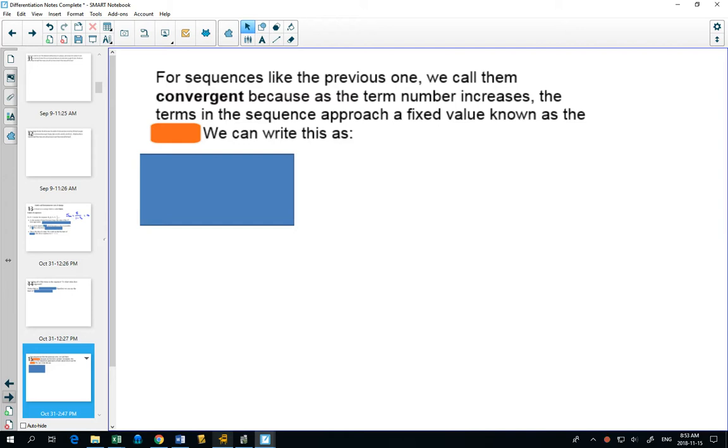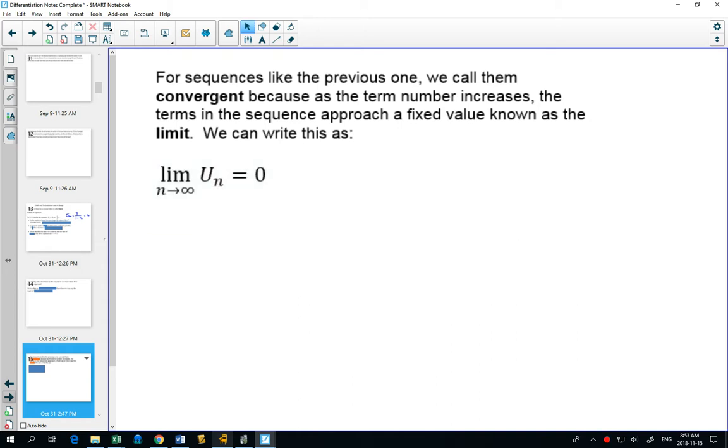Now, when things have a limit, or for sequences like that, we call those sequences convergent because the values came to a certain number. And that number that it comes to, we would call the limit. Here's some notation for you. When we write limits, we use lim, short for limit. Underneath, we say, what is the idea approaching?